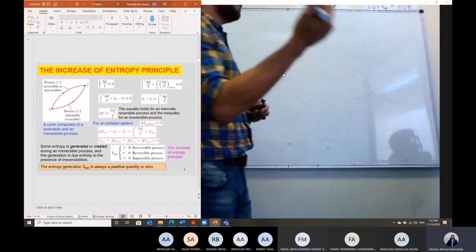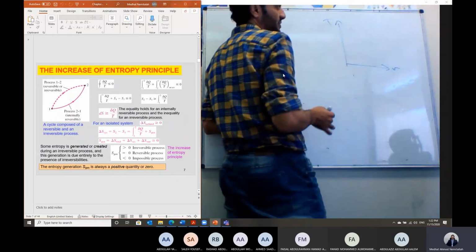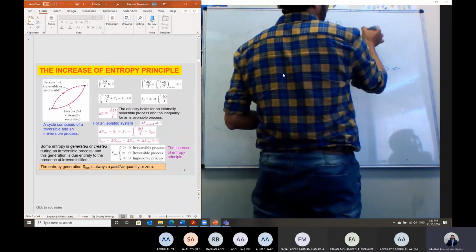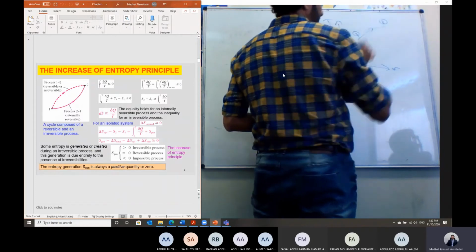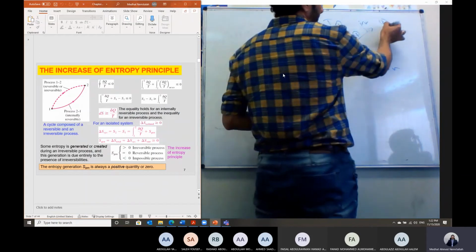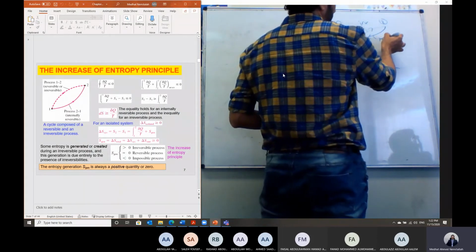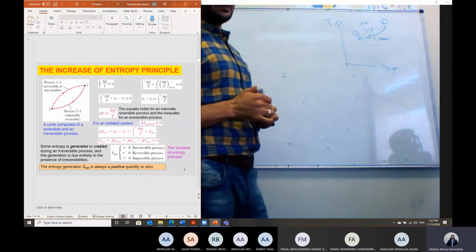So let's consider this cycle on the TV diagram or the PV diagram. This cycle consists of two processes: the process from 1 to 2, which is an irreversible process, and we close this cycle with another process from 2 to 1, which is a reversible process in this case.